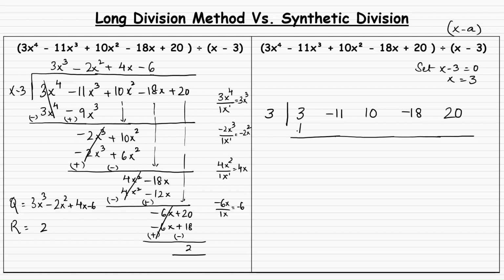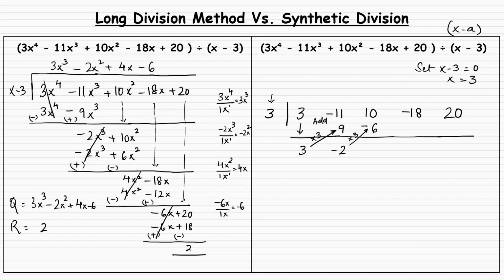Bring down the first coefficient, 3. And now multiply this 3 with this 3, and write it here. 3 times 3, 9. Add these two terms. Negative 11 plus 9, negative 2. Repeat. Negative 2 multiplied by 3 is negative 6.